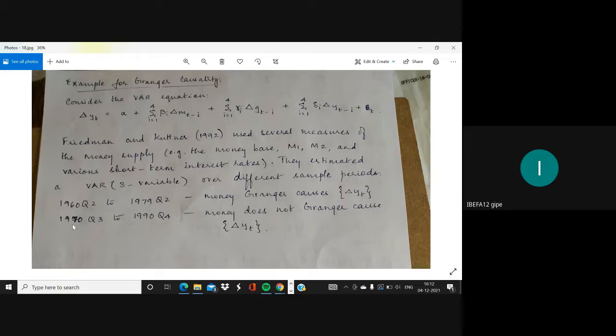Whereas over the time period 1970 to 1990, they found that money does not Granger cause changes in nominal GDP. So somehow the relationship between money supply and GDP had broken down, and we could no longer forecast future values of changes in GDP based on past values of money supply changes. So this is what they found on the basis of their econometric work.